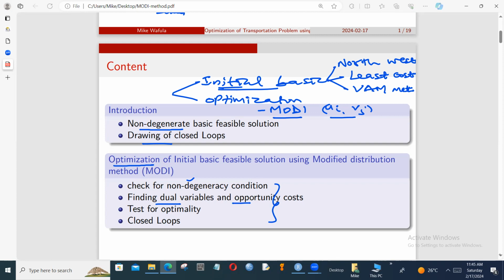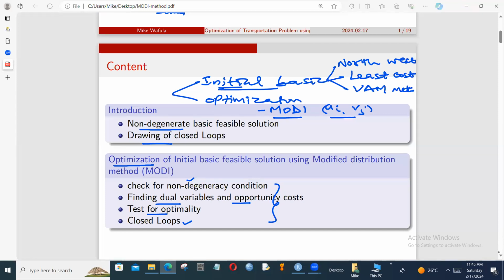With the opportunity cost, we can check for the optimality test, and for the MODI method, a solution is said to be optimal by fulfilling certain conditions, as we shall be exploring. And if it's not yet optimal, then it requires us to create some loops, which are kind of iterations.